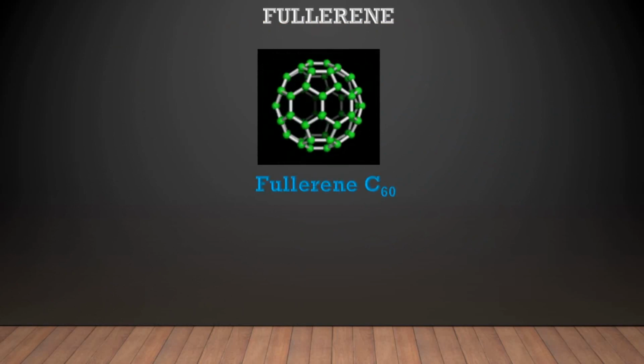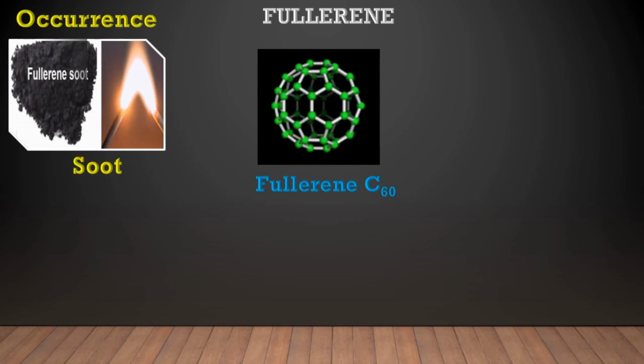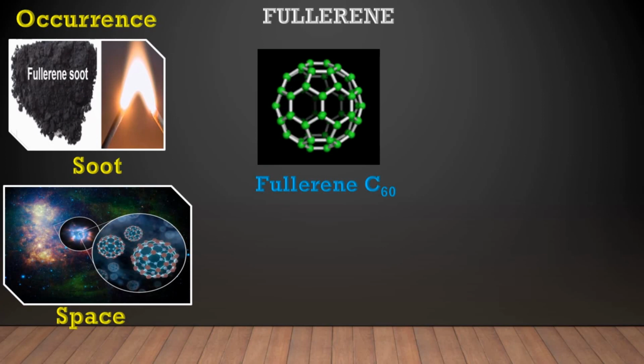Fullerene, an allotrope of carbon, is rarely found in nature. It is found in soot and also in interstellar space. The first example of fullerene is Buckminster fullerene C60.